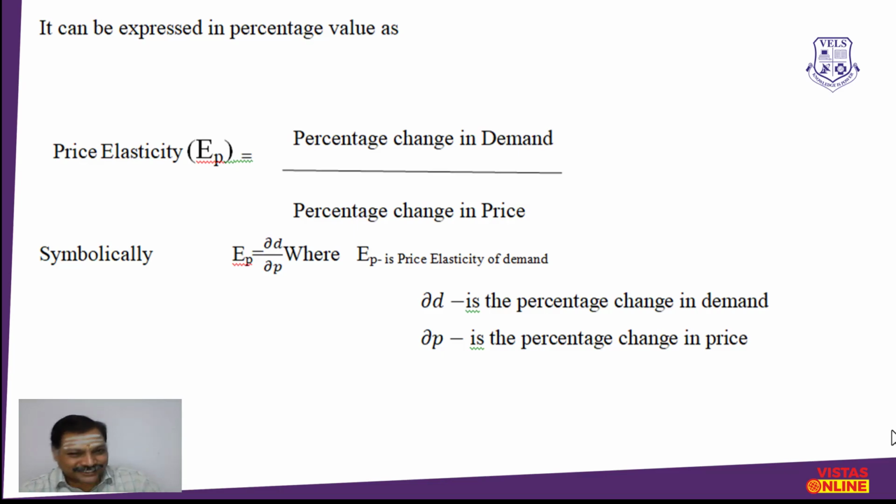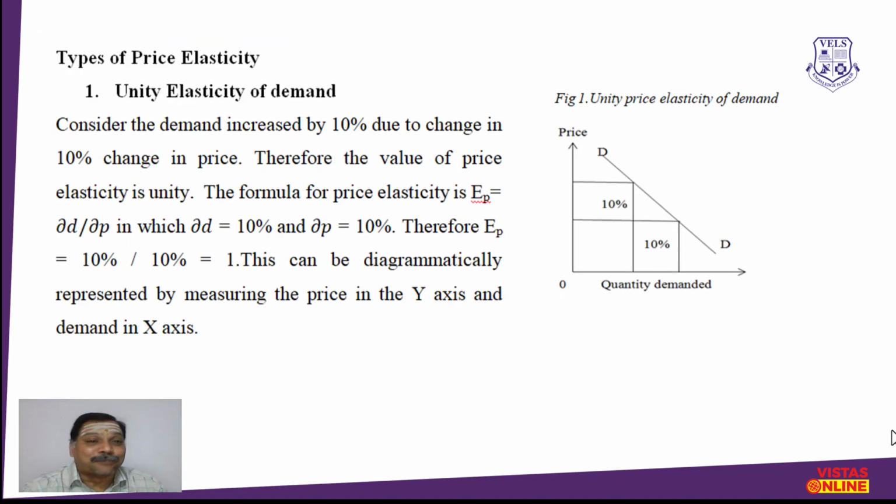Here EP is the price elasticity of demand, ∂D is the percentage change in demand, ∂P is the percentage change in price. Based on the value of price elasticity, when we calculate it, we can divide the price elasticity into 5 categories.